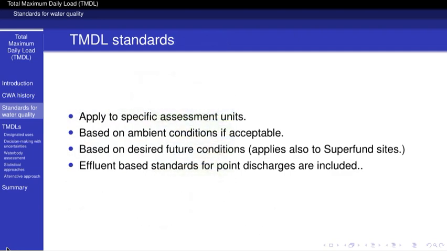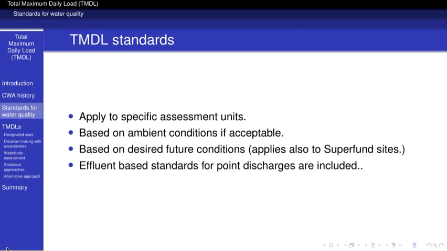Ambient conditions apply to specific stream and river reaches and tributary subbasins called assessment units, in addition to the whole river network. Because TMDLs are supposed to correct the status of an assessment unit ecosystem in its defined area, the maximum loads should be based on achieving desired future ambient conditions as required by the 1987 Act.